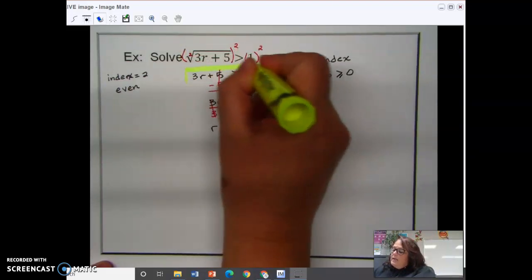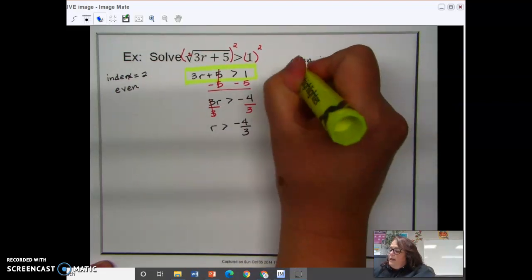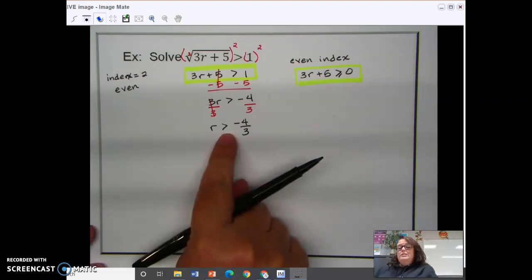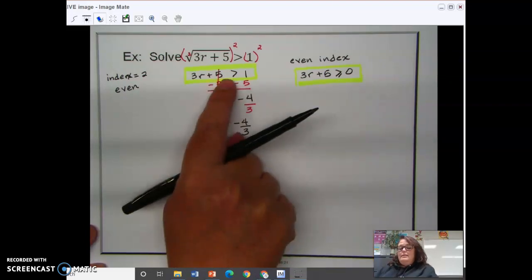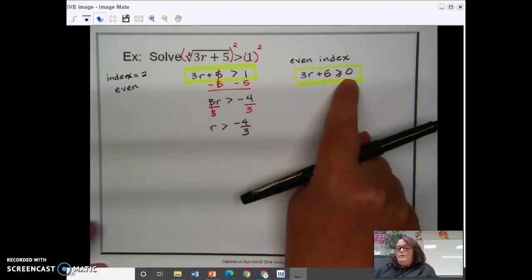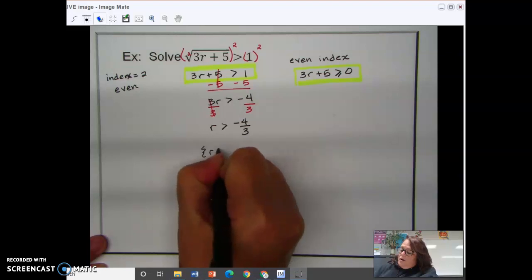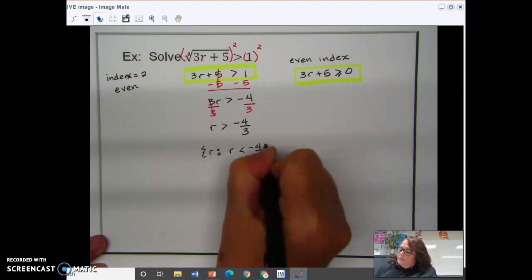I already said 3r plus 5 has to be greater than 1, and 1 is already greater than or equal to 0. So I can stop right there and say, as long as it's greater than -4/3, it's also going to be greater than 0. Because the radicand has to be greater than 1, it's already greater than or equal to 0 with this solution. So I can say the set of all r values such that r is greater than -4/3.